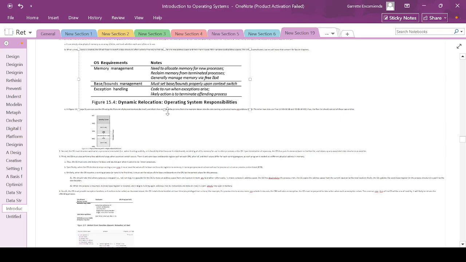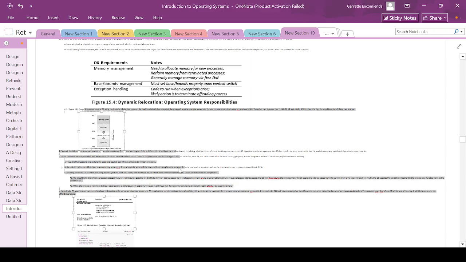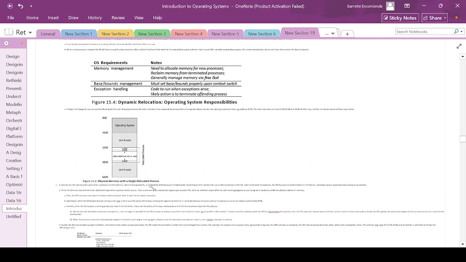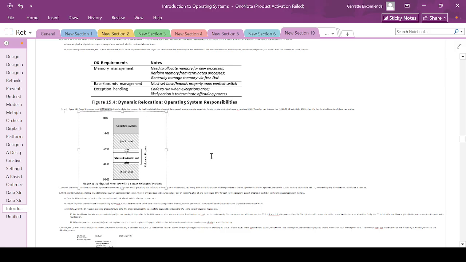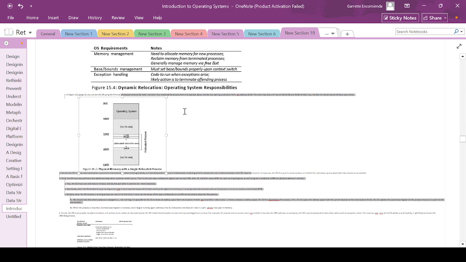So here is dynamic relocation: operating system responsibilities for dynamic relocation. In figure 15.2, you can see the OS using the first slot of memory for itself, and it has relocated the process from the example above to start at physical memory address 32 kilobytes.